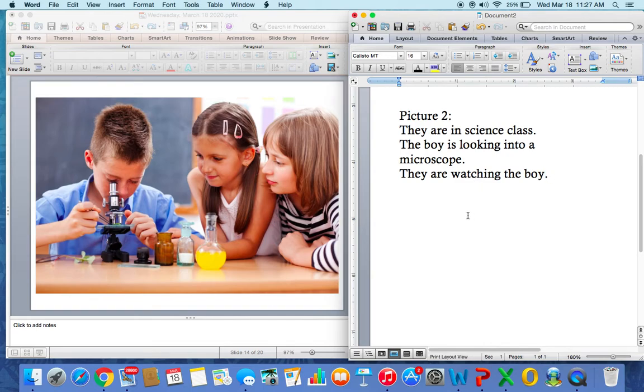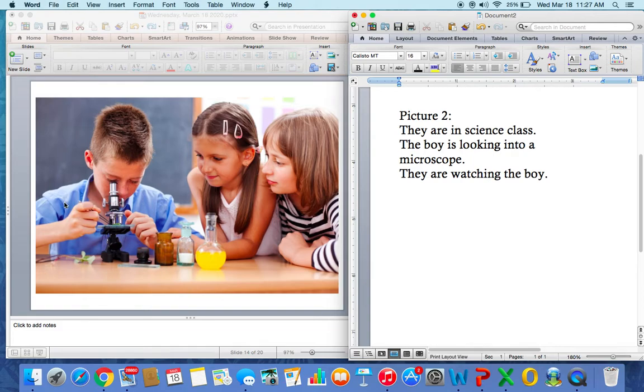So here we have 3 sentences. They are in science class. The boy is looking into a microscope. They are watching the boy. So these are some basic sentences about this picture. You could go into other detail, like the boy is wearing a blue shirt.